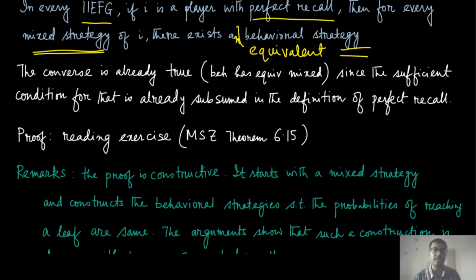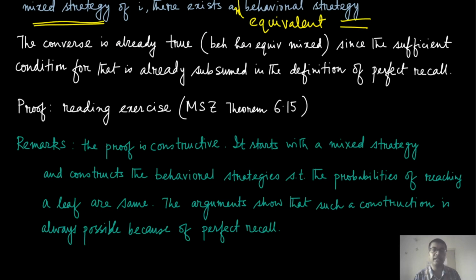You start with a mixed strategy and then you construct the behavioral strategy such that the probabilities of reaching a leaf node are the same. And the arguments essentially show that such a construction is possible, right? So perfect recall is given to you, and you just have to construct this and show where this perfect recall is being used. The proof is a little long, that's why I have given it as a reading exercise. So this is theorem 6.15 from Maschler's book.